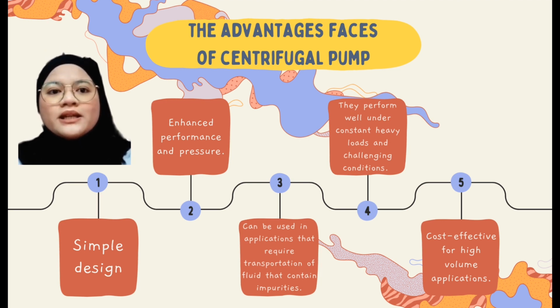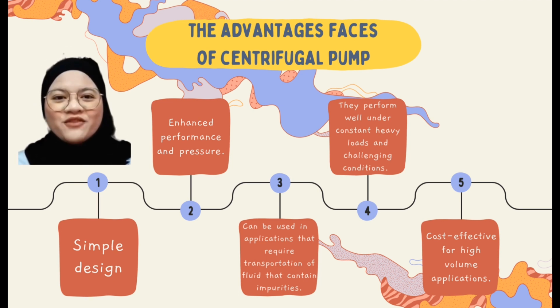However, the extent to which they can handle impurities depends on factors such as the impeller design and the size of the particles. They also perform well under constant heavy loads and challenging conditions. They can handle continuous operation and are commonly used in industrial settings where a constant fluid flow is required.